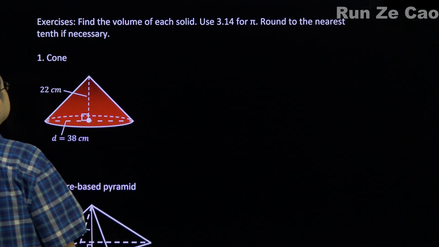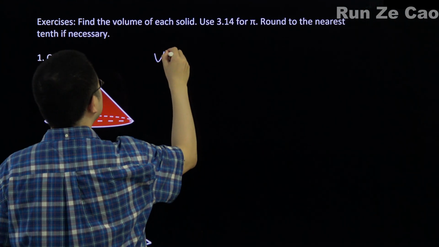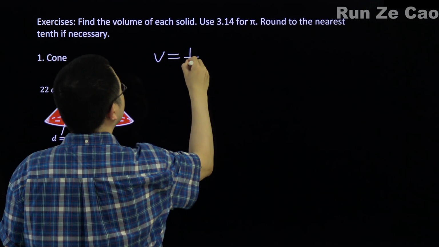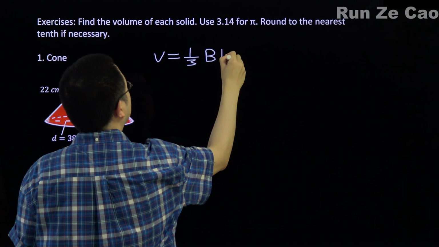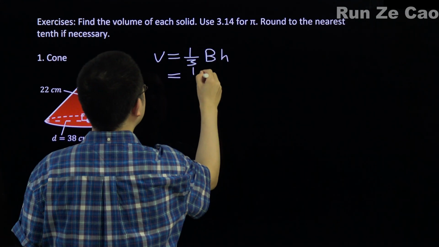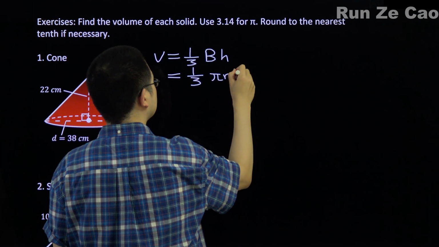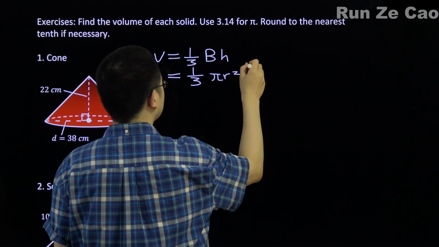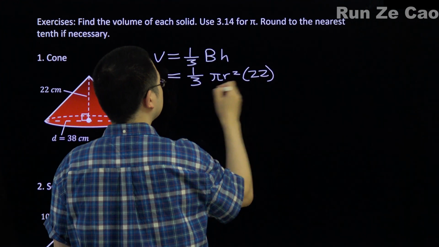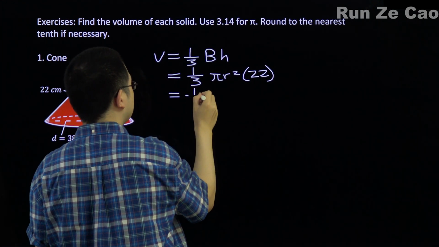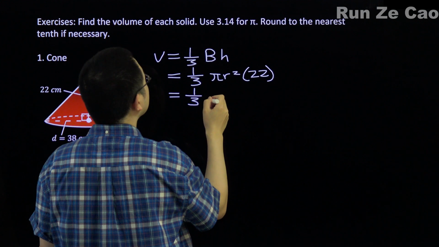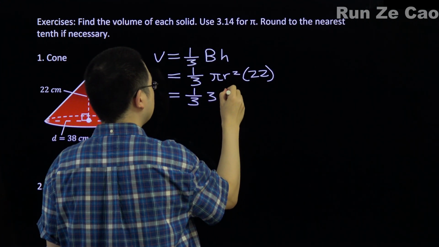So find the volume. Cone volume is equal to 1/3 base area times height. So 1/3 pi r squared times the height is 22. So that's 1/3, 3.14 for pi, okay.